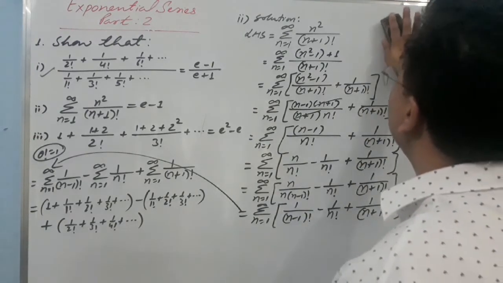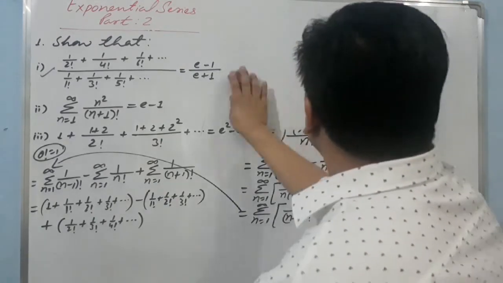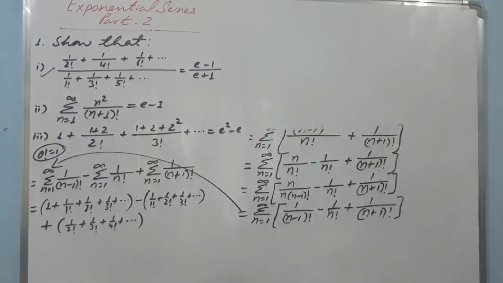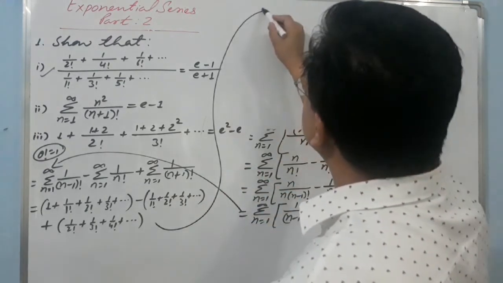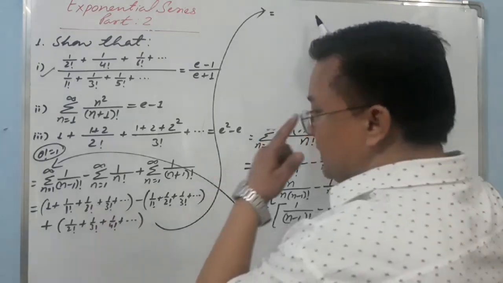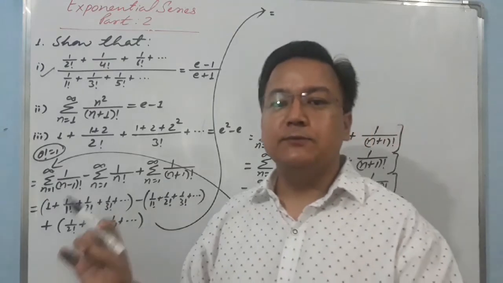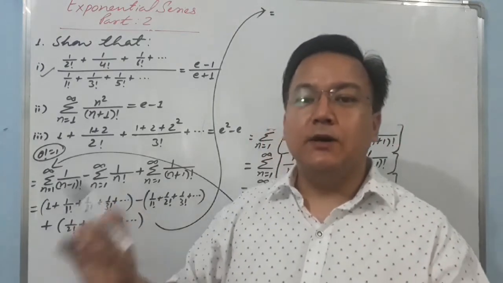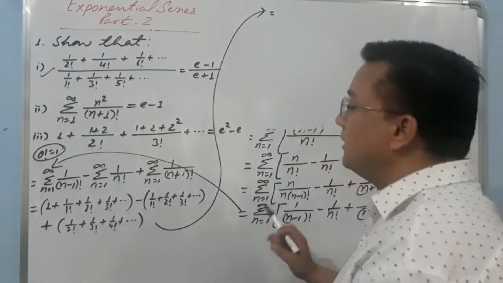So now I'm going to erase a few lines. Now I'm going to write here. This line is equal to, this is the formula, e is equal to 1 plus 1 upon 1 factorial plus 1 upon 2 factorial plus 1 upon 3 factorial plus dot dot and so on.